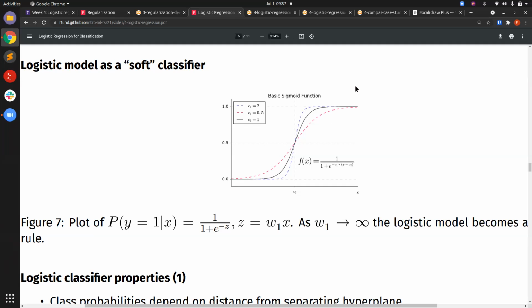So a larger value of weights means a steeper sigmoid. And remember, the sigmoid is what produces the probability estimates. So if you have a steep sigmoid, that means for more of your points, you'll have a probability close to 0 or close to 1. For a softer sigmoid shape, you're more likely to have probabilities that are more moderate.